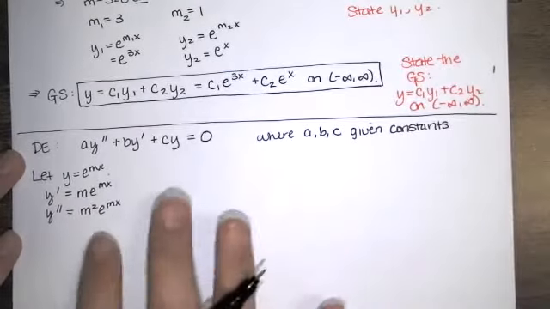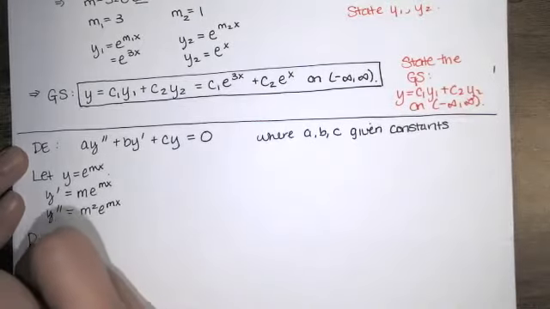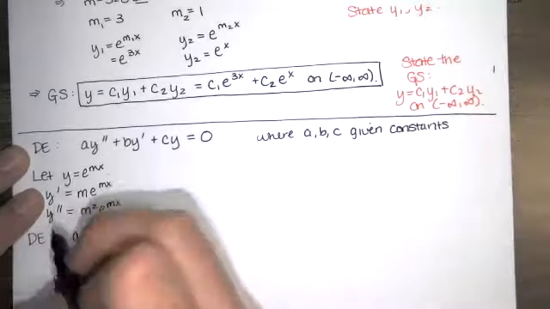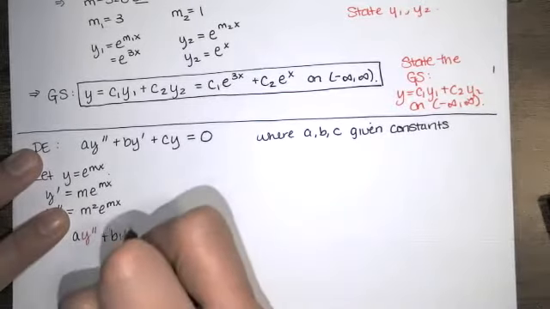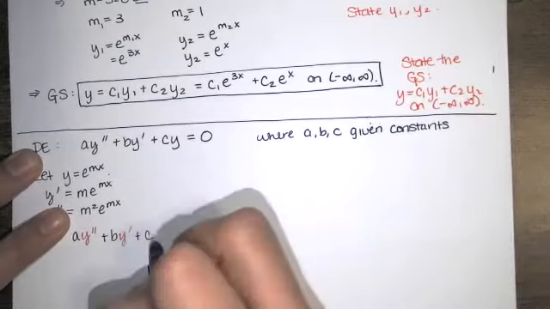And then we're assuming that this satisfies the differential equation, so you substitute into the differential equation. The DE was a y double prime plus b y prime plus c y equals 0.